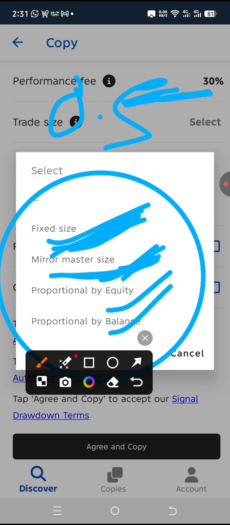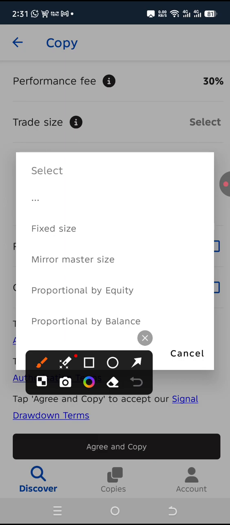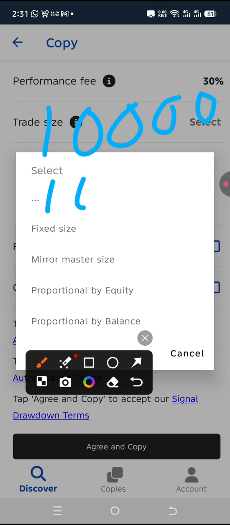And how do you calculate that? You calculate that along with the ratio of your capital to his capital. The best way to do that is this. If a trader is having $10,000 and you are having 10,000 cents, 10,000 is 10,000. So you can put it as one because you want to trade in the same proportion with him.